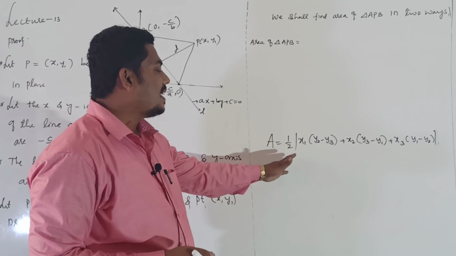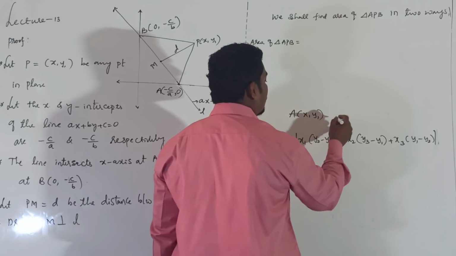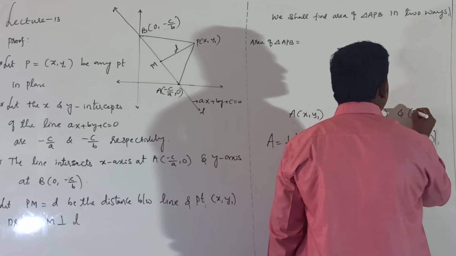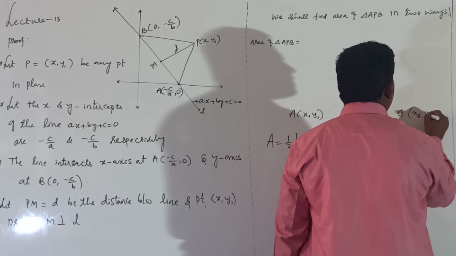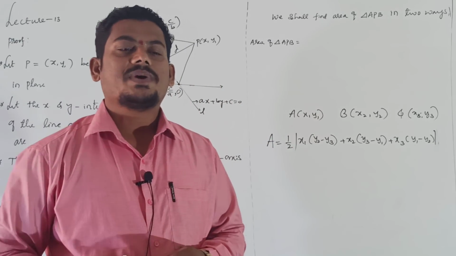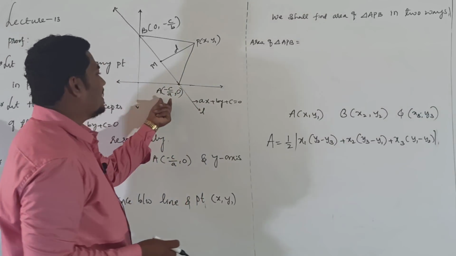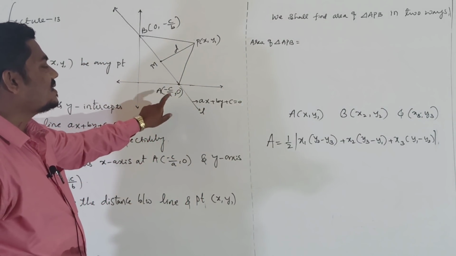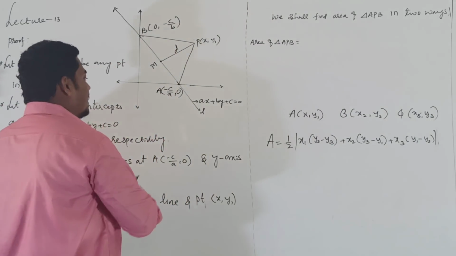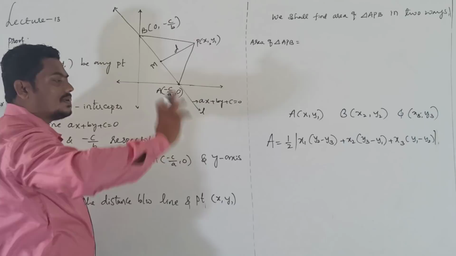This formula is applicable when vertices are first vertex x1 comma y1, second vertex x2 comma y2, and third vertex x3 comma y3. In this case, treat the first point as x1 y1, the second point as x2 y2, and the third point as x3 y3.